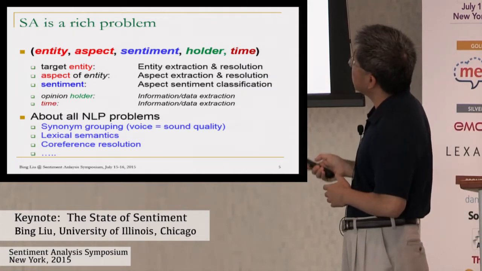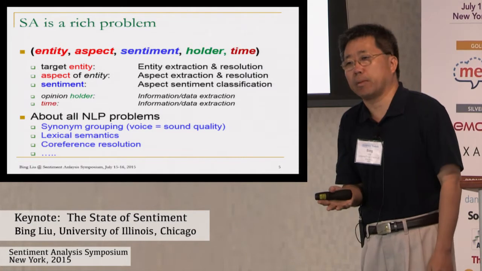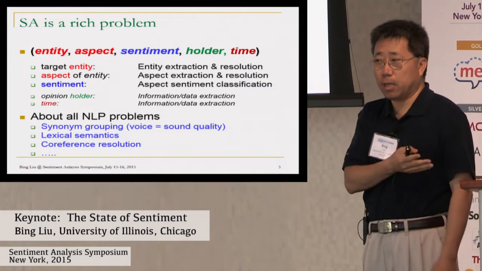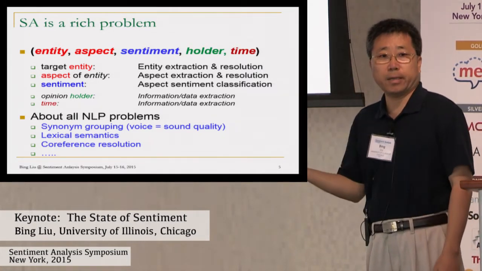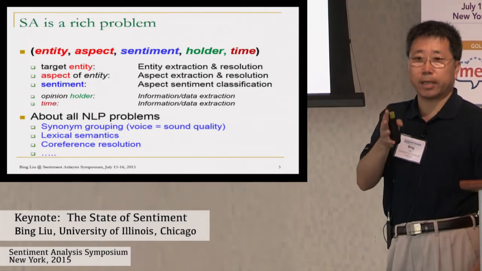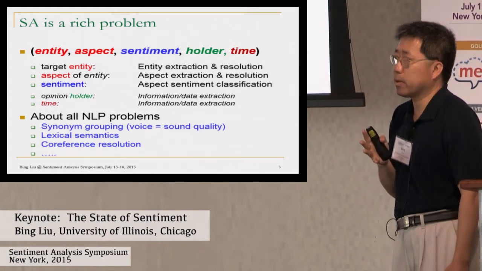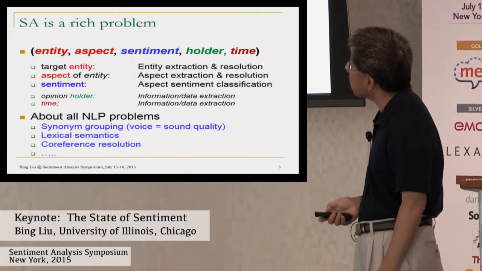And of course, when you talk about sentiments, it also depends on what kind of text you're talking about. Because some types of text are simpler and some are easier. So I'm not saying easy or simple. I'm just saying easier or simpler, because there's nothing simple. Okay, there's nothing really, really simple here.